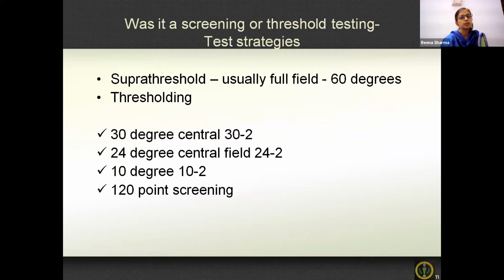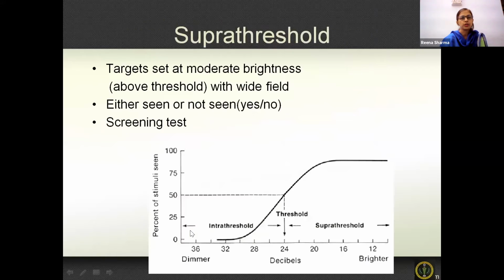A few questions to answer before interpreting the printout: was this a screening test or threshold testing? That is, we should know the test strategy used, whether suprathreshold or thresholding, and the area of field examined, whether 30 degrees central field, that is 30-2, 24-2, 10-2, or 120 point screening.